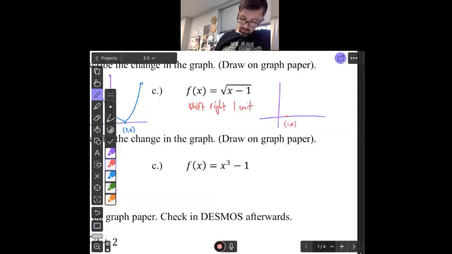And that square root graph is essentially half of a parabola. So if we drew a parabola that was sideways, okay, that's only the top half that we actually see. So it looks something kind of like that. It's a pretty flat curve. I kind of accentuated that one a little bit, but it should look something like that.